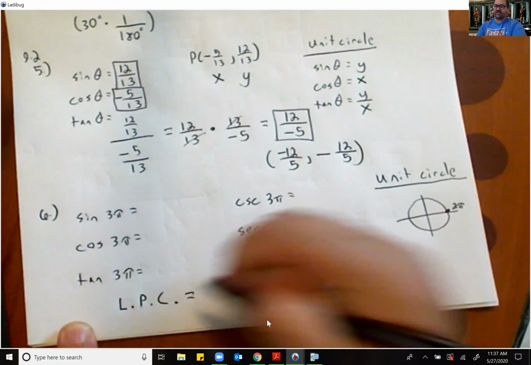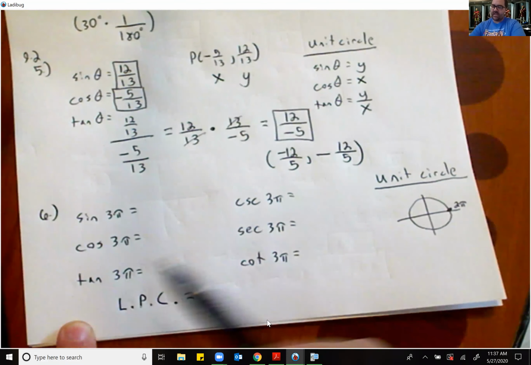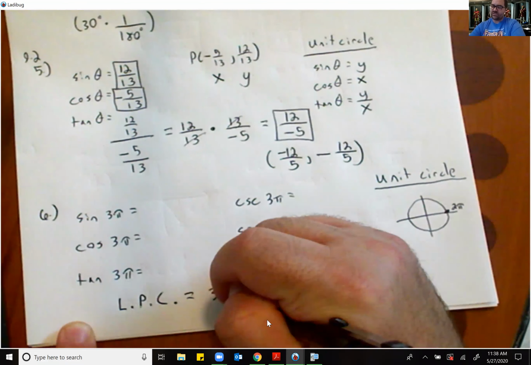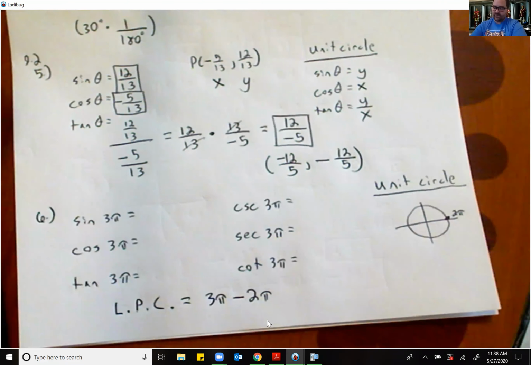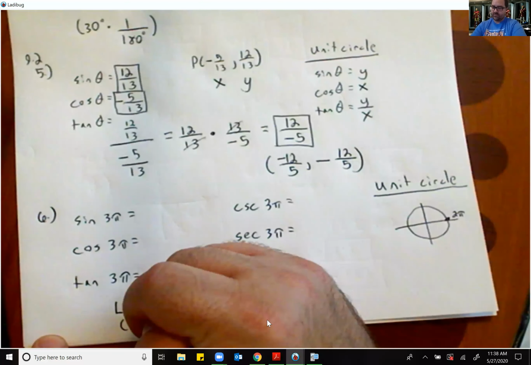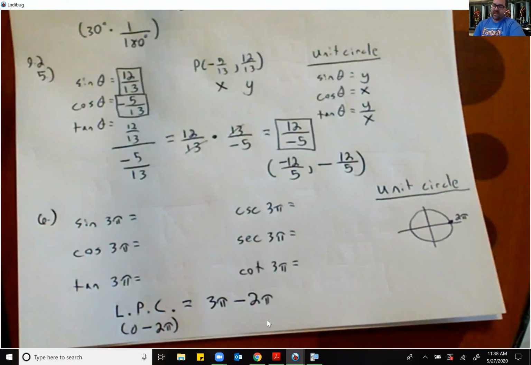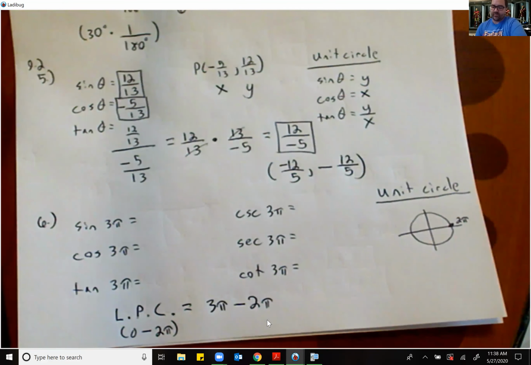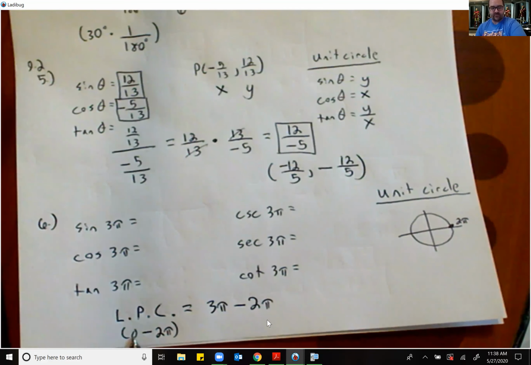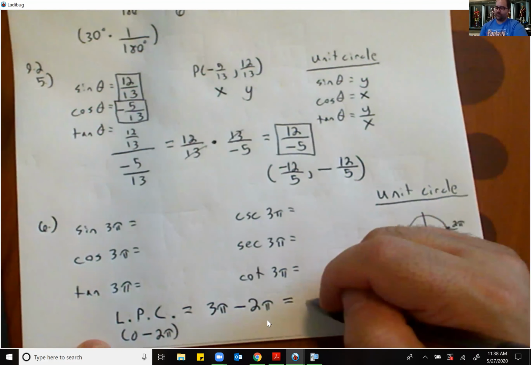Since this is a big positive number, we're going to take 3 pi minus 2 pi until we get a number that is between 0 and 2 pi. It's because we're in radians. If we were in degrees, we would subtract 360 until we were between 0 and 360. So 3 pi minus 2 pi gives you 1 pi.